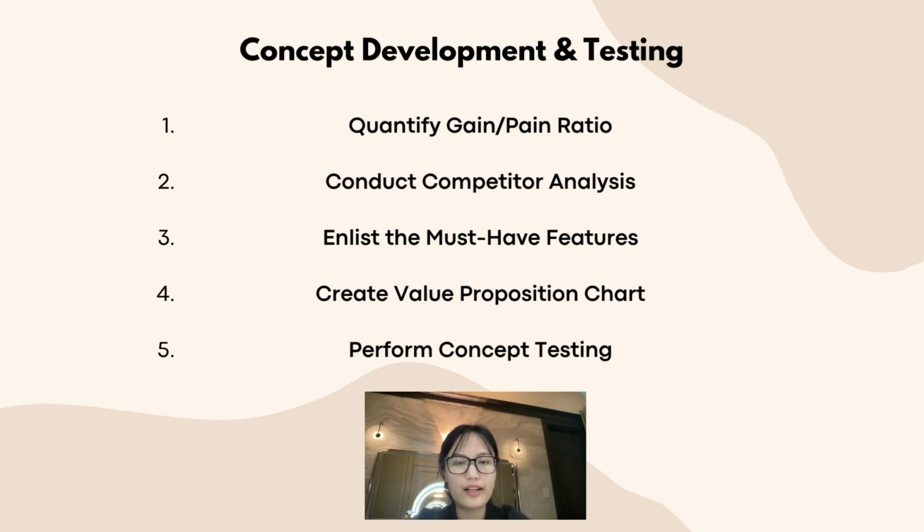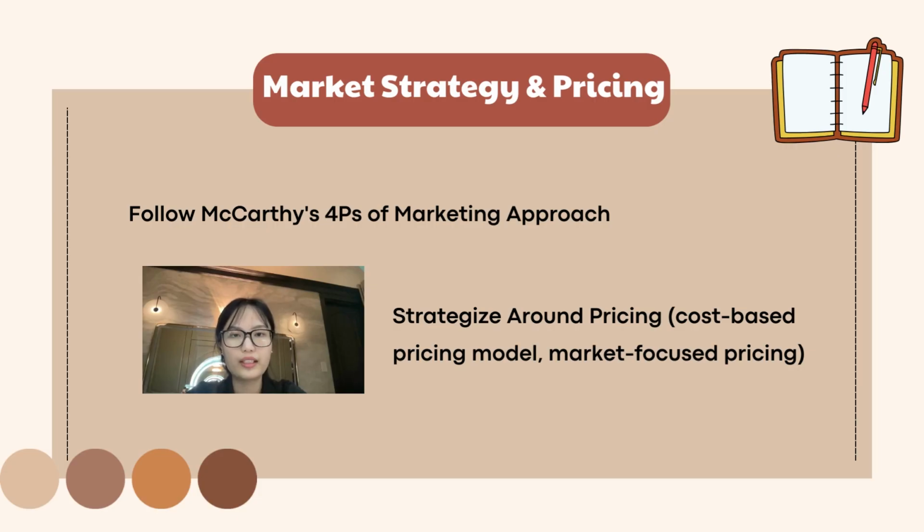First, quantify the gain and pain ratio. Analyze the product competitors, the must-have features, create a value proposition chart, and perform concept testing. For market strategy and pricing, follow the 4 Ps of marketing approach and strategize around pricing, either a cost-based pricing model or market-focused pricing.